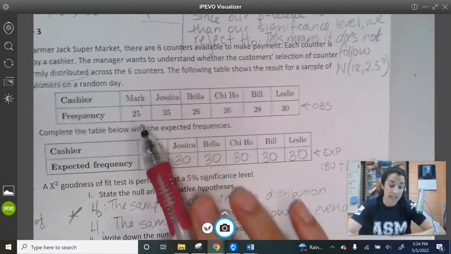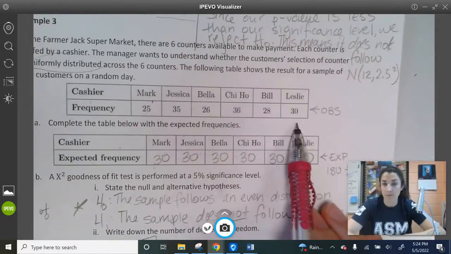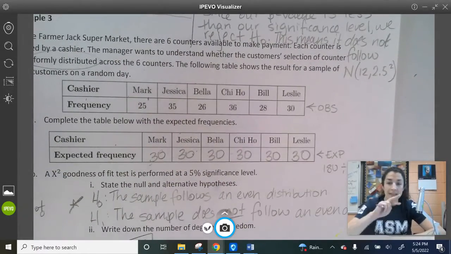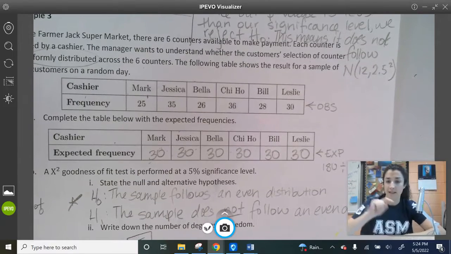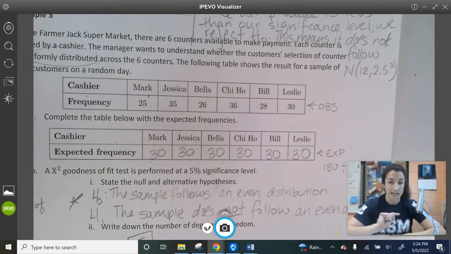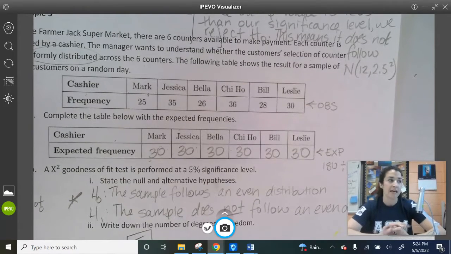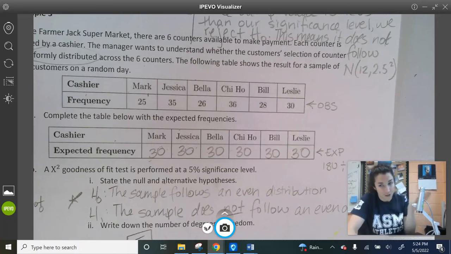They aren't the same. It isn't equal all the way across. But what our test is doing is asking, is the difference between these two numbers statistically significant enough for us to say that they aren't evenly distributed? For us to say, hey, there's an issue with these numbers, they should be evenly distributed, and they're not. And this test is saying, hey, you know what? Essentially, it's fine, it's not that big of a deal.